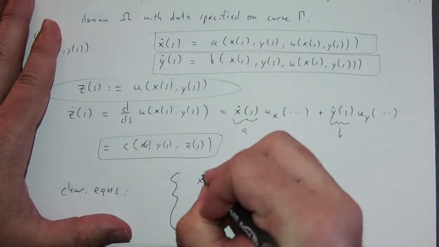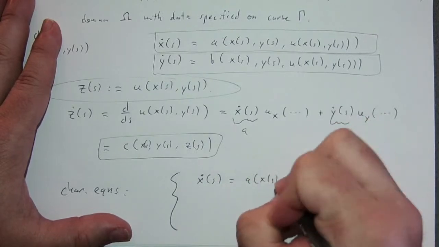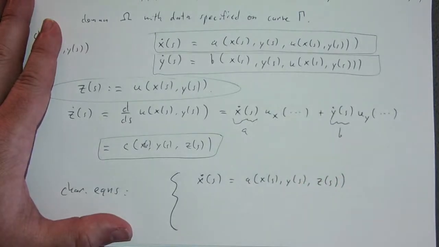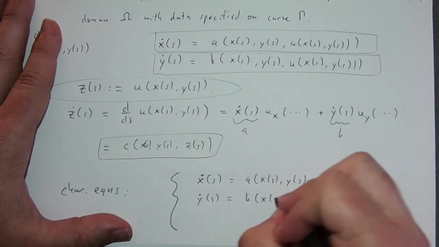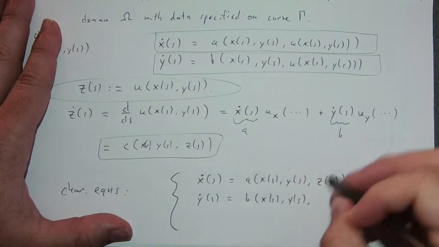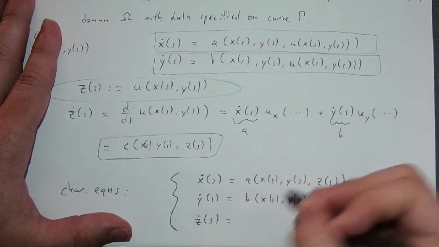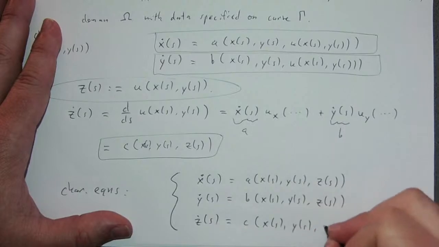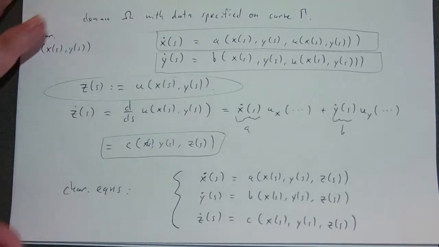This is x dot is a, y dot is b, with all of the characteristic stuff plugged in, and z dot is c with all the characteristic stuff plugged in. Okay, there's my characteristic equation. Those are pretty easy to remember.